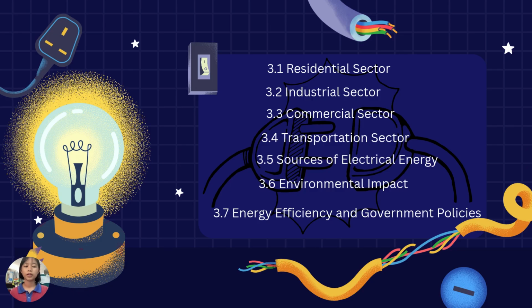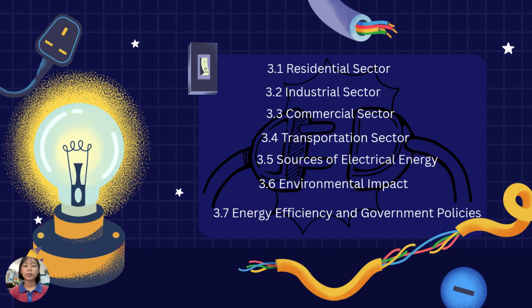The sixth point, 3.6, environmental impact. Electricity generation from non-renewable sources contributes to greenhouse gas emissions and environmental degradation. The move toward cleaner energy sources is crucial to mitigate climate change and protect ecosystems. The last point, 3.7, energy efficiency and government policies.